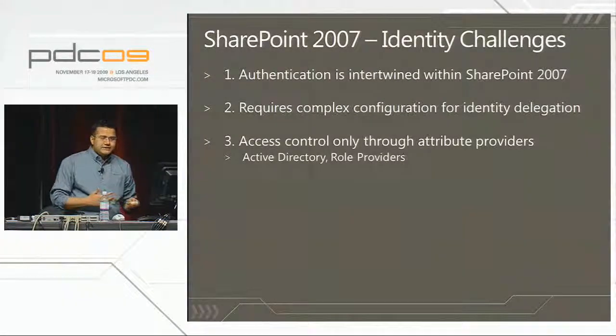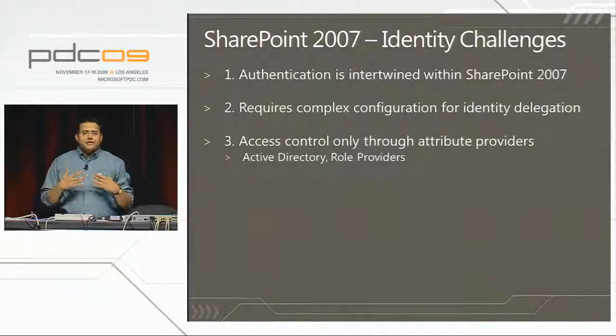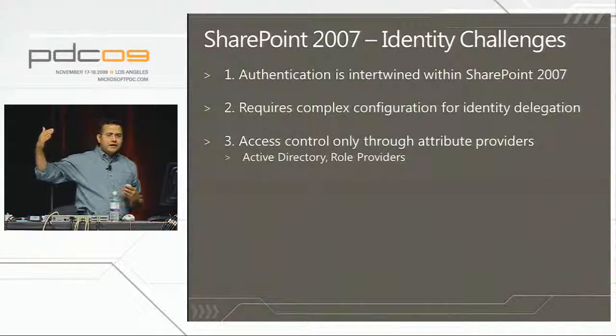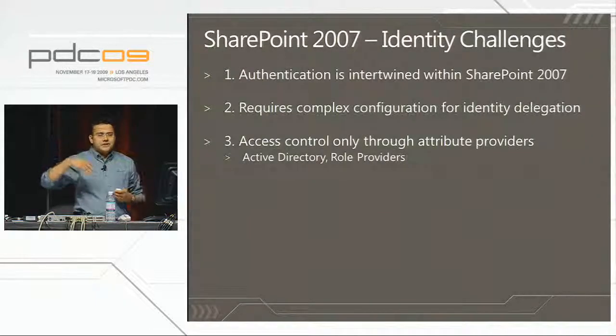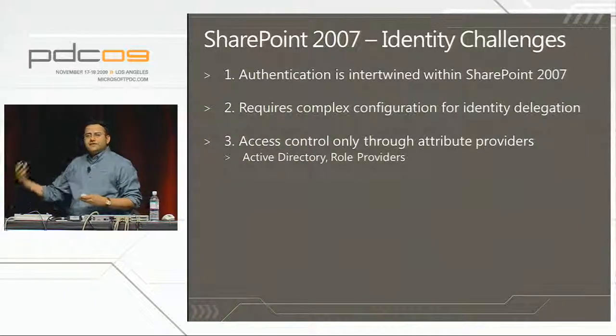The third major challenge is in terms of access control. All these roles that you have access to within SharePoint, if you think about it, either come from Active Directory attributes or from your own role providers where you fetch the user profiles.